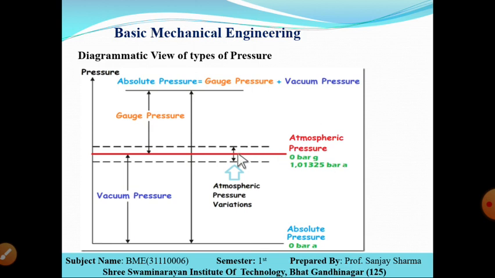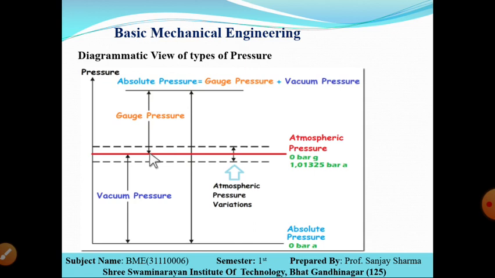Now as we increase the pressure above the red line, whatever pressure is generated is termed as gauge pressure, that we can measure with the help of gauge.